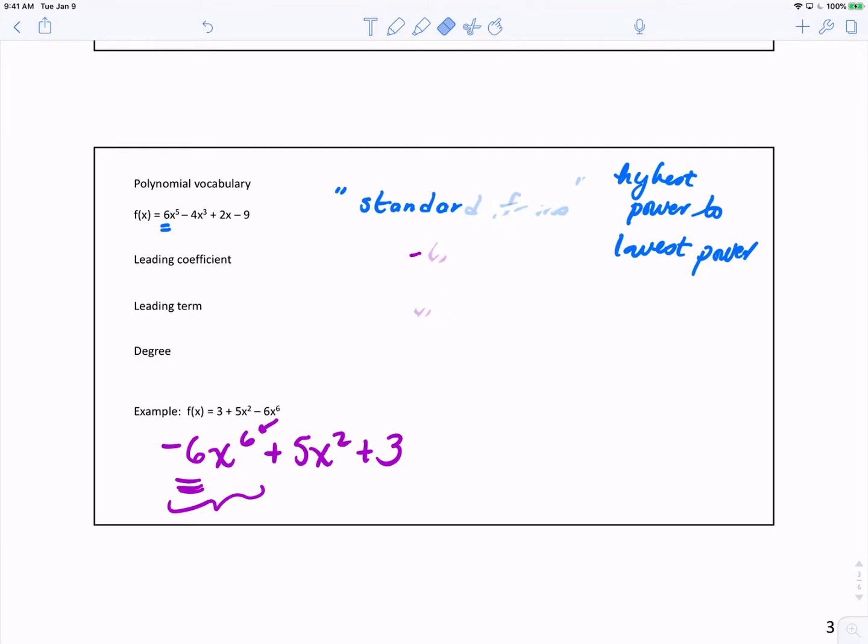Since they're power functions, we already know how to analyze their end behavior. When we look at this first one, we'd say, oh, the power is odd and the leading coefficient is positive. Since the power is odd, we know that the arms point in opposite directions. And since the coefficient is positive, we know it's a rising function. So something like this. The left arm is down and the right arm is up.